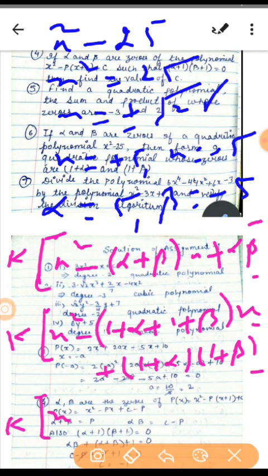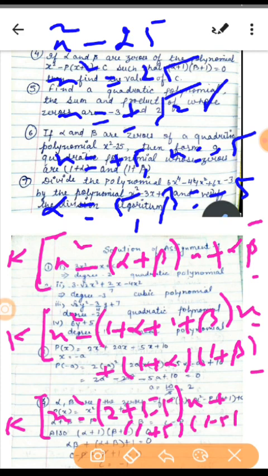I will put the value: k into x square minus, 1 and 1 is 2, alpha is 5, beta is minus 5, so 2 plus 5 minus 5 into x. Then plus 1 plus alpha into 1 plus beta, it means 1 plus 5 and 1 minus 5.